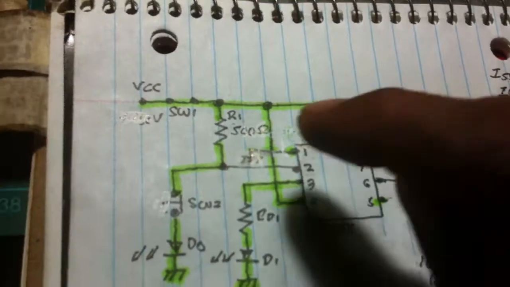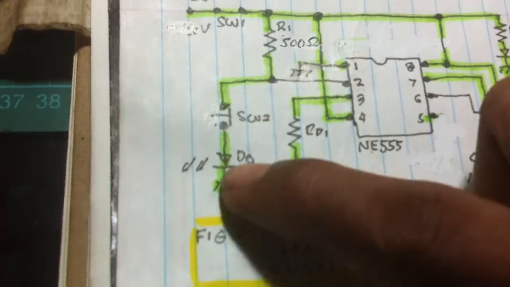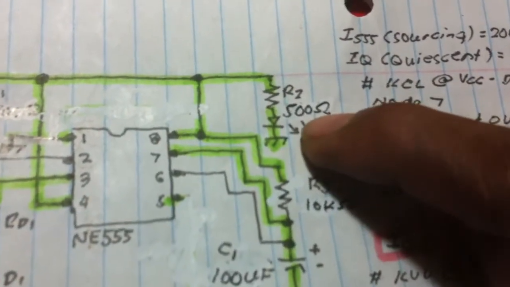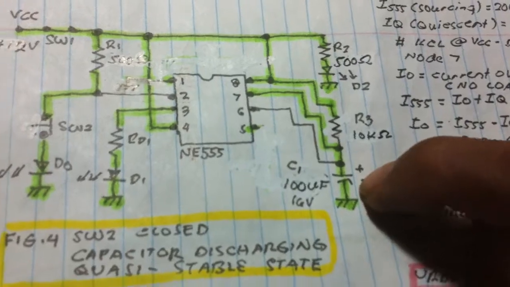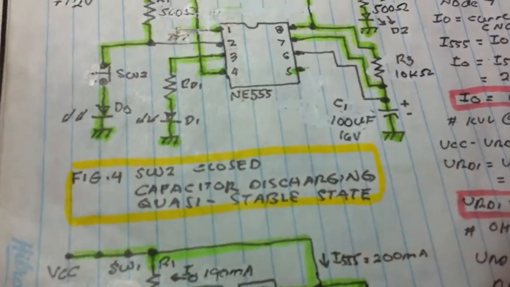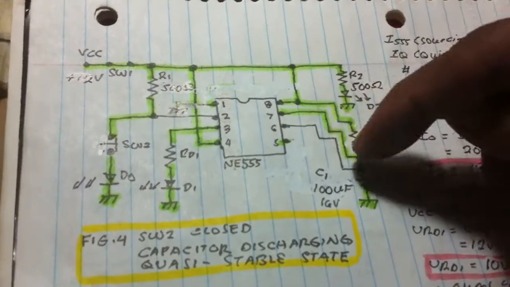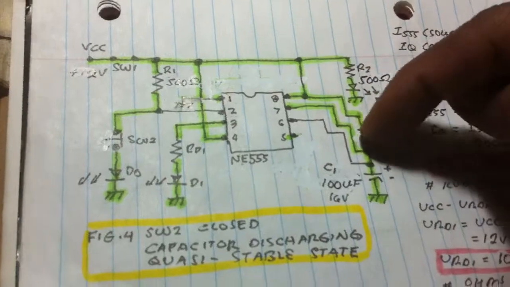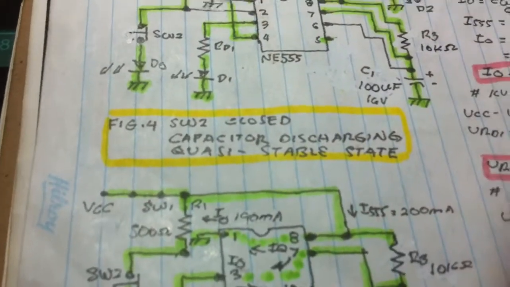Since we know the value of R1 here is 500 ohms, every time you push the switch the capacitor is discharging, entering what they call the quasi-stable state, a temporary state, with the discharging action of the capacitor to pin number 7 and to the output.